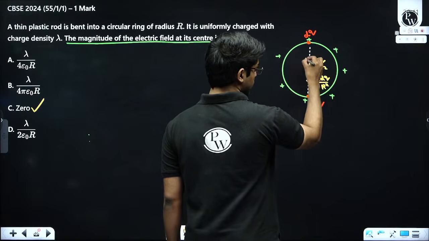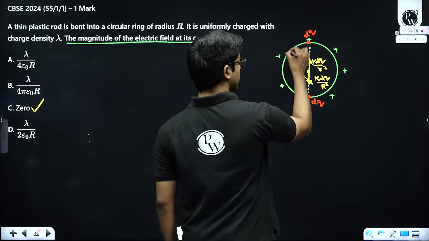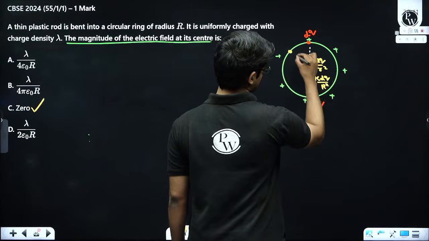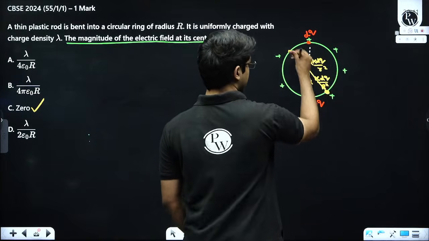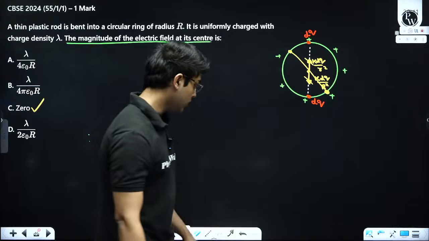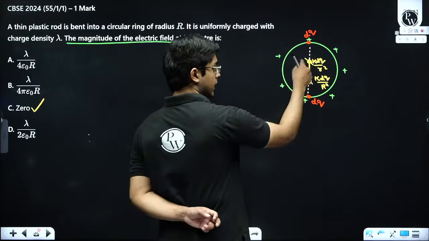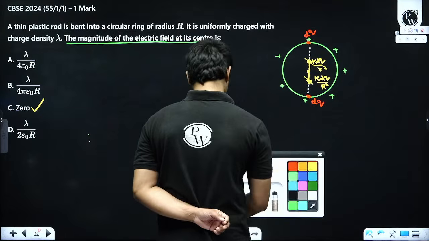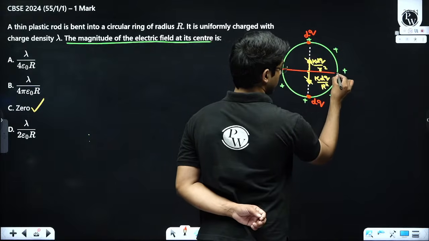So as you can see, it mutually cancels out. Similarly, if you choose two dqs here, such that they are also connected with a diameter, their components will also cancel out. So all of them will mutually cancel out, right? Let's take a dq here and a dq here.